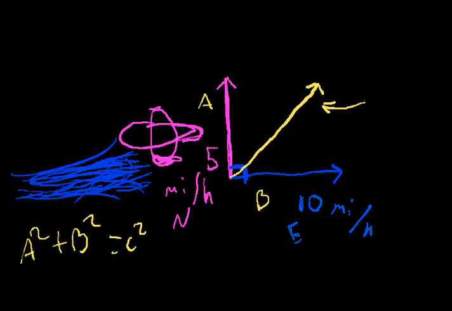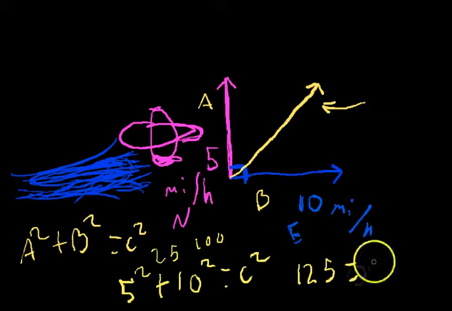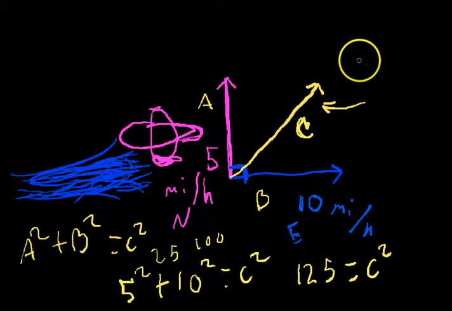So now we'll go back to our little Pythagorean theorem here, and we plug in numbers. We take 5 squared plus 10 squared is equal to c squared. And we get 25 plus 100, so it's 125 is equal to c squared. This is the c term here, this guy. But we don't want c squared, we want c.